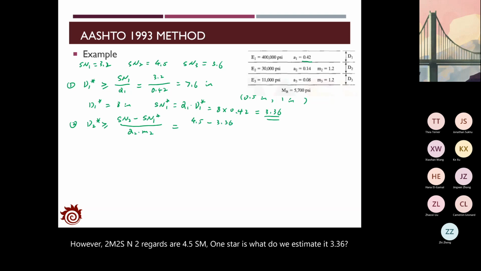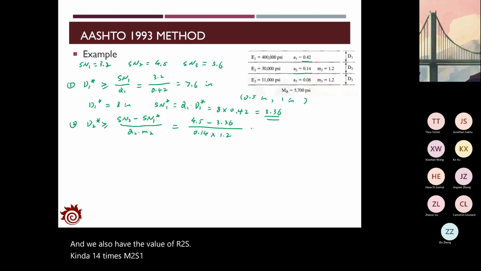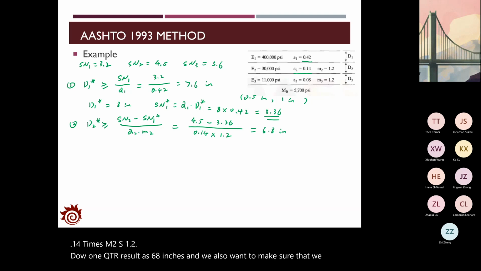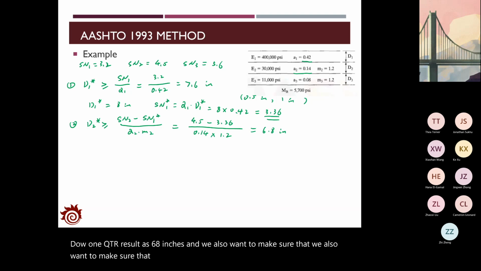And we also have the value of alpha 2 as 0.14 times M2 as 1.2. That gives you the result of 6.8 inches. And we also want to make sure that D2 is rounded to every 0.5 inches.